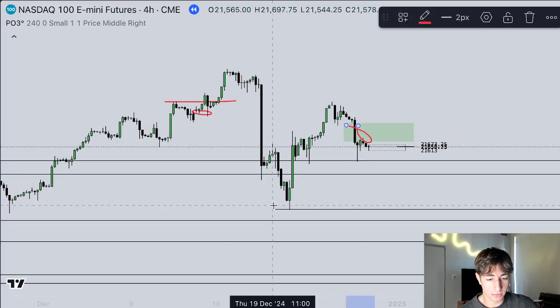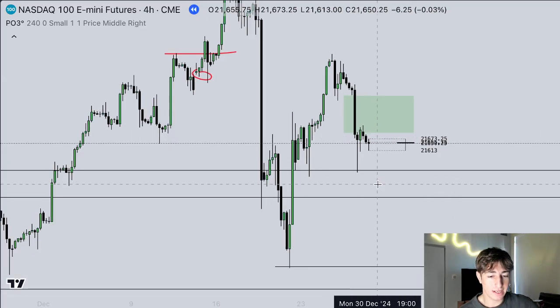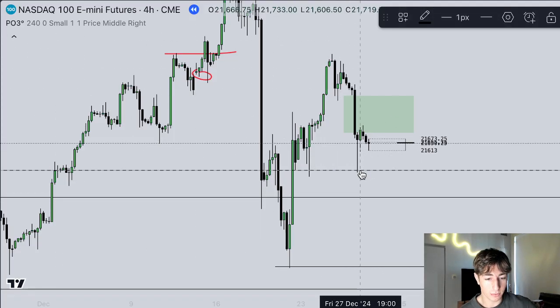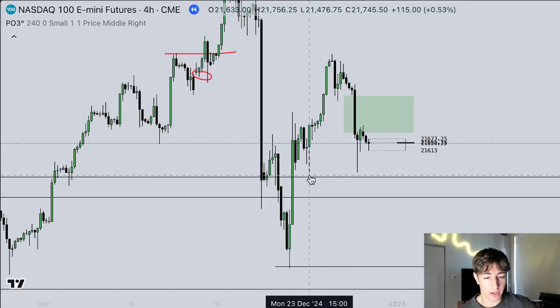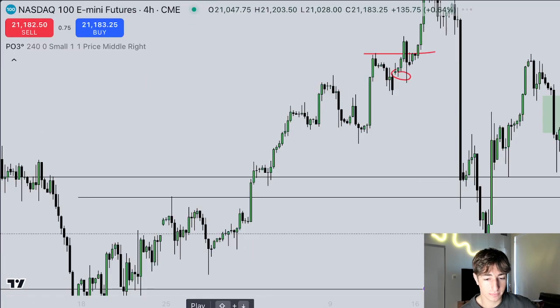So we hit internal, where's the nearest external? Right down here. So that is where you're going to let that ride. Now, any internal range lows that have been formed from the first curve are also where you're going to want to take profits. So this low right here from this PO3 is a very good point to take profits, as you can see.